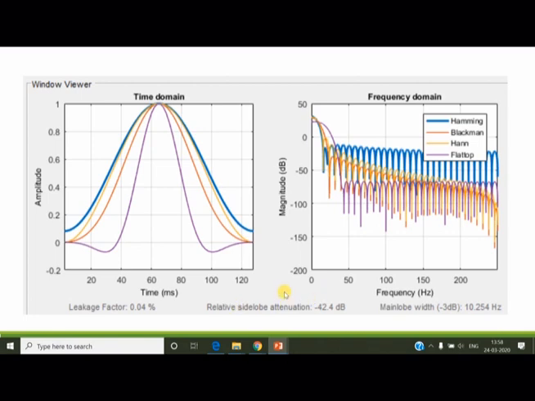These are the time domain and spectral characteristics of these window functions, which we are also generating practically to understand the nature of the window functions in the time domain and frequency domain.